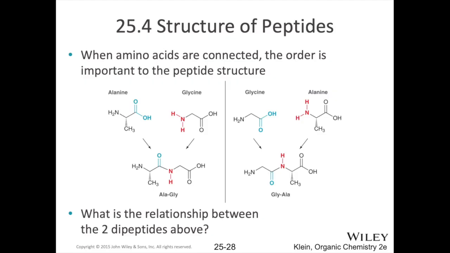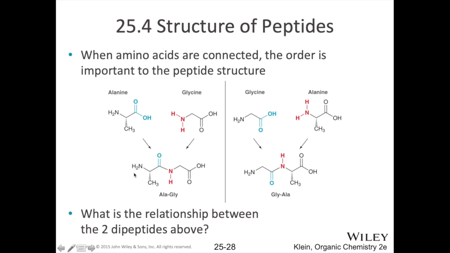To give you an example, let's say we're trying to link together alanine and glycine. We could have the carboxylic acid, or carbon end, of our alanine connected to the nitrogen end of our glycine. Or we could have the carbon end of our glycine connected to the nitrogen end of our alanine.